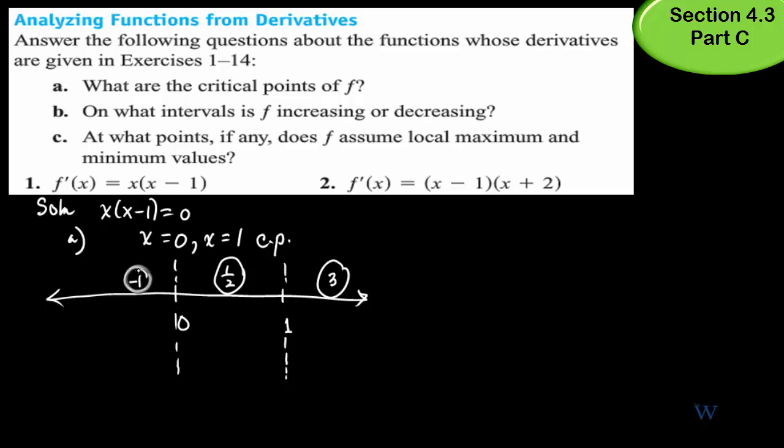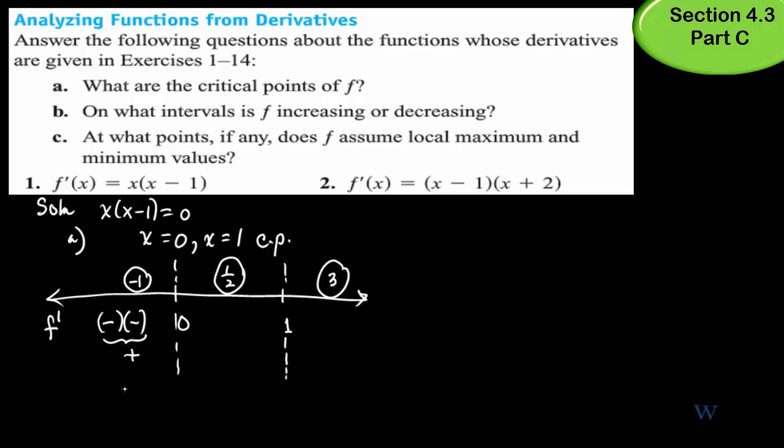Now you plug into the derivative. So f prime of -1: we check -1 times (-1 minus 1). That makes it negative times negative, which becomes positive. So what does that tell us?